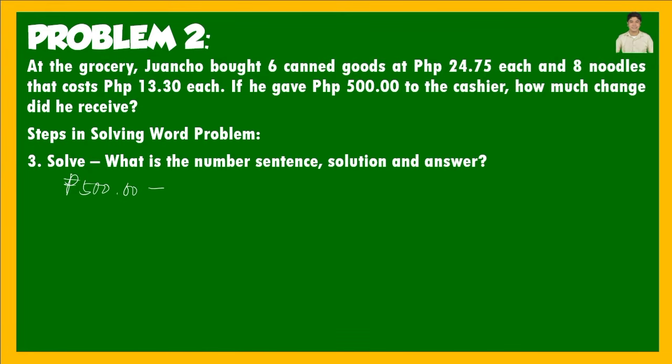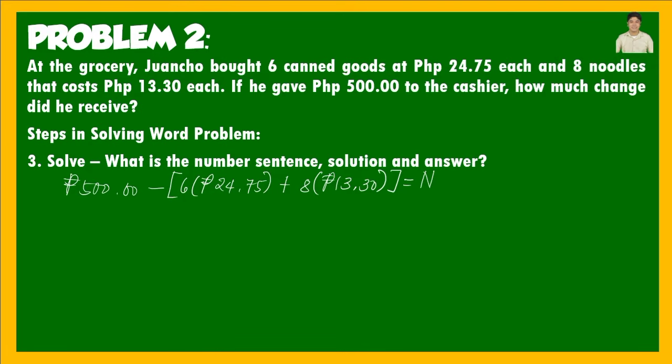So, paano natin yon isusulat? So, 6 times 24 pesos and 75 centavos plus 8 times 13 pesos and 30 centavos equals N.